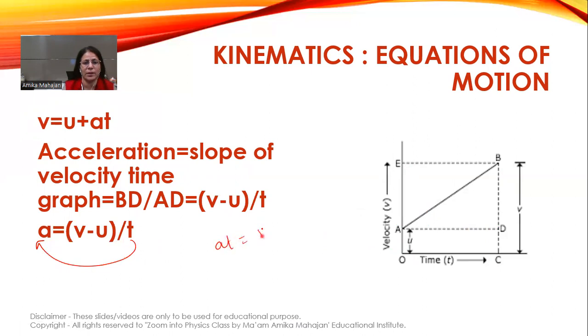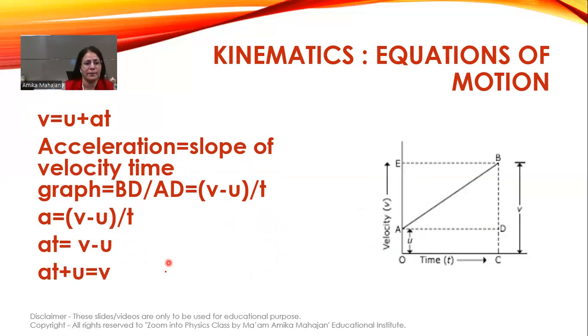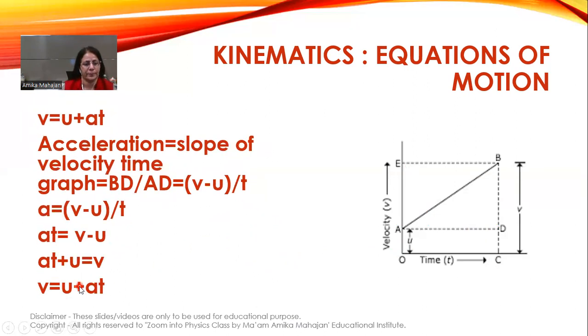I get AT is V minus U. Because I have to find V, V as it is, U will go to the other side. So it will be U plus AT. In this way, the first equation of motion, V equal to U plus AT, can be known.